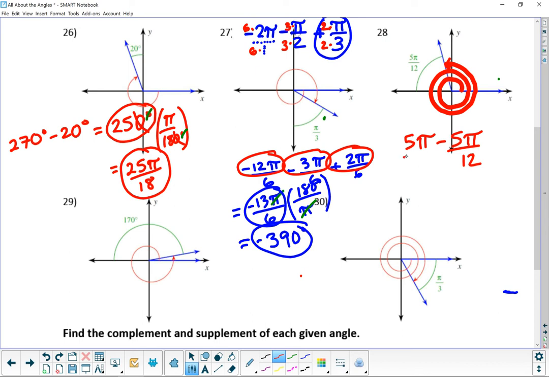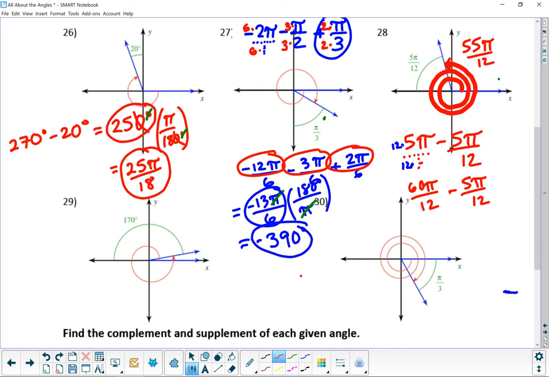We still need a common denominator. So we need to get a 12 at the bottom. So I need to multiply this by 12 and this by 12. So I'm going to have 60 pi over 12 minus 5 pi over 12. And 60 minus 5 is 55. So my correct answer is 55 pi over 12.